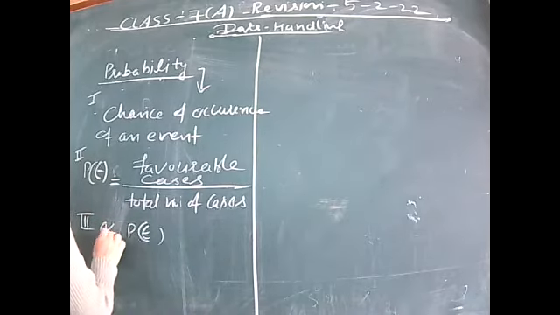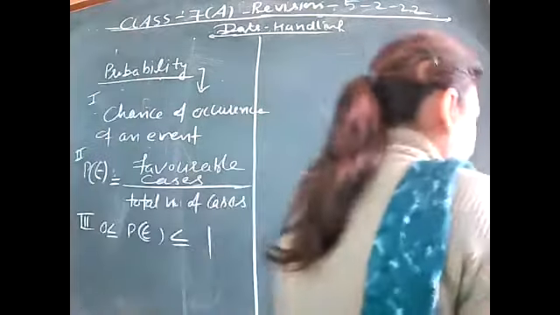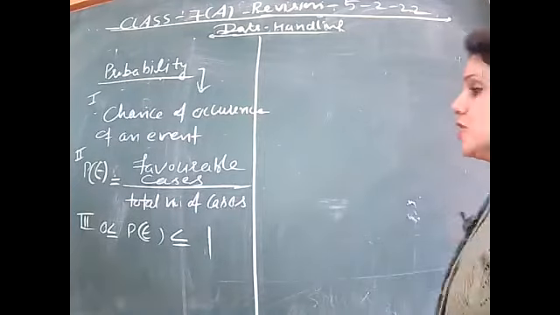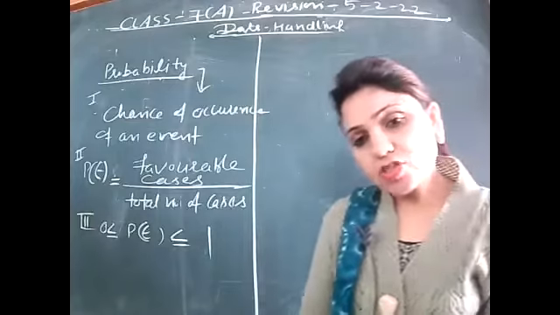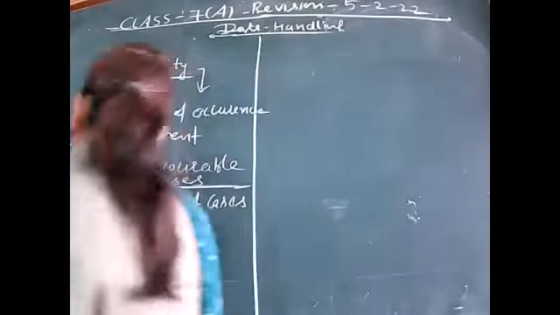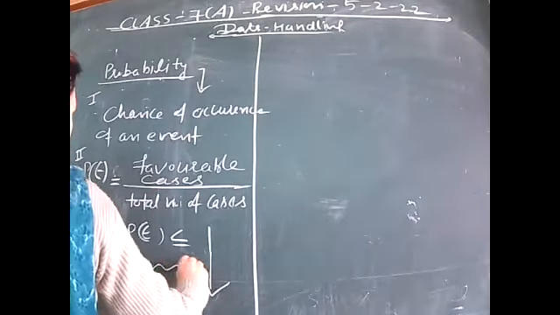It lies between 0 and 1. Probability of an event lies between 0 and 1. That means the answer of the probability of an event can be 0, it can be 1, or it can lie between 0 and 1.